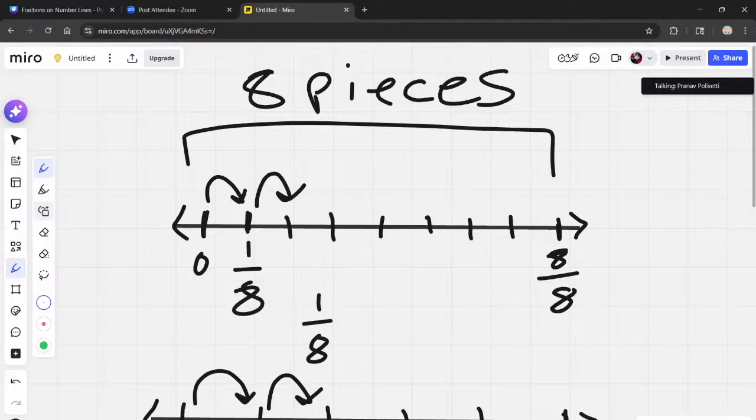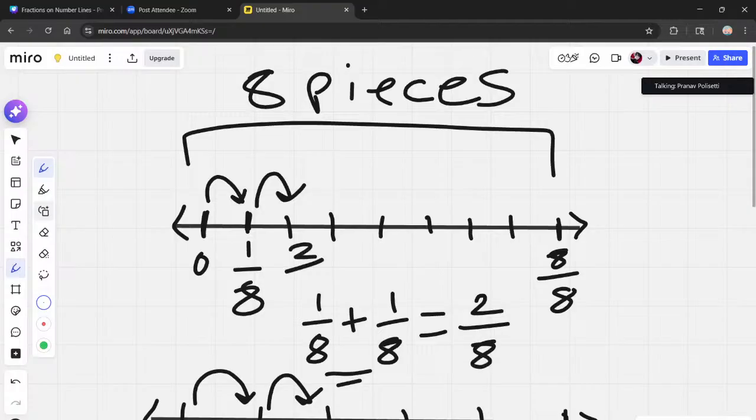We are adding one more piece to how much we already have, which is 1. So we're going to add 1 divided by 8. And then you add the numerators. So you're going to add 1 plus 1 equals 2. And we're going to keep the denominators the same. So 2 divided by 8. And that's what this number is.